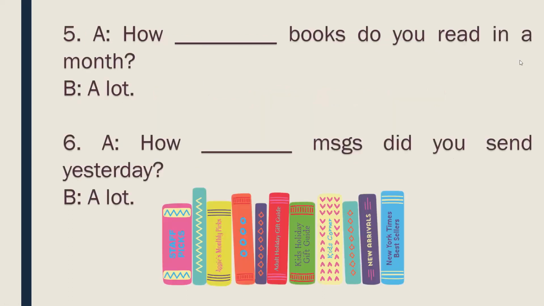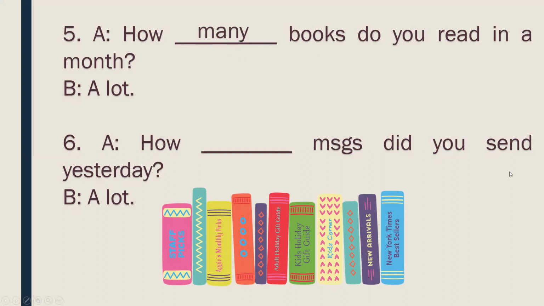Number 5. Look, the question here is about books. Books is countable. Many. Okay, very good. So how can we ask this question? Can you read, Leo, please?